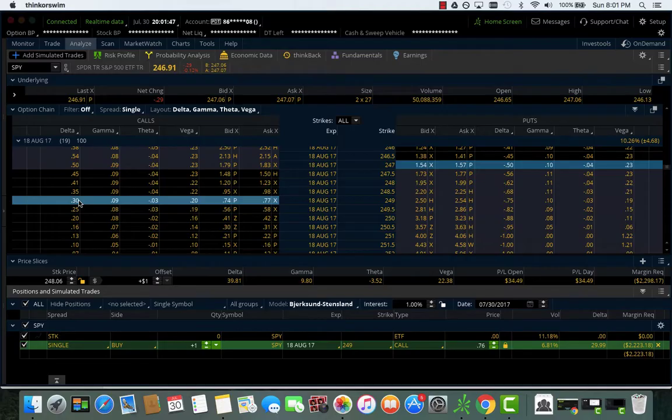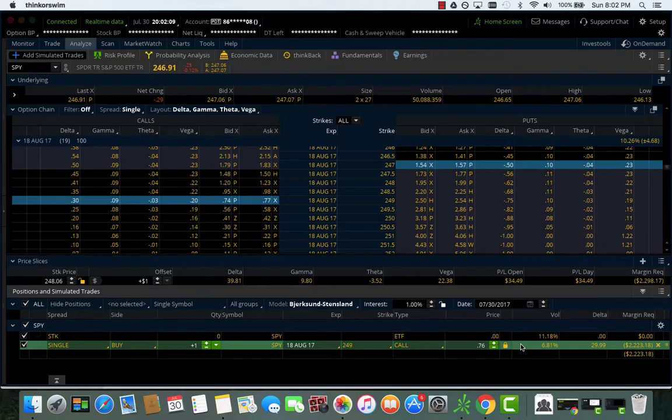So what we expect to happen is this. If SPY goes up a dollar, we expect the delta to end up being 39, right? So that's why we make a little bit more money here on the 30 delta call as opposed to just straight up 30 bucks, because it's ever changing, it's very elastic, it's dynamic.